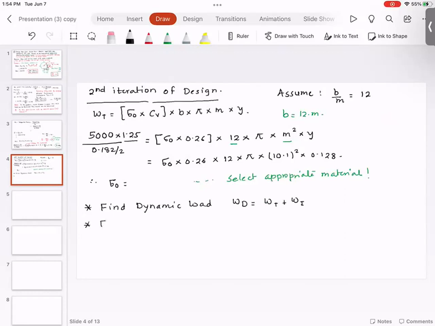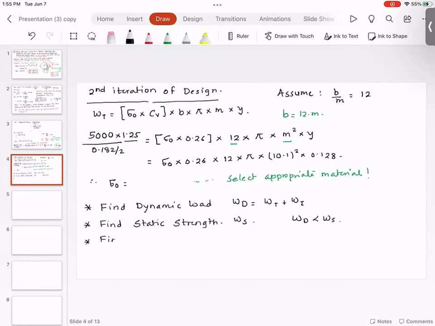Then find the static strength, which is WS, and we need to make sure that WD is less than WS.